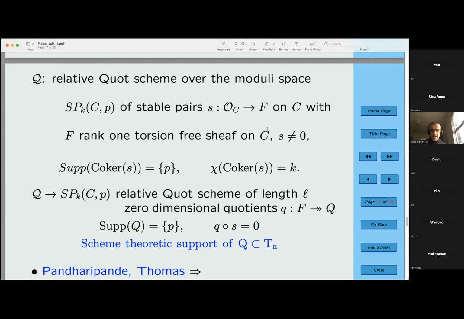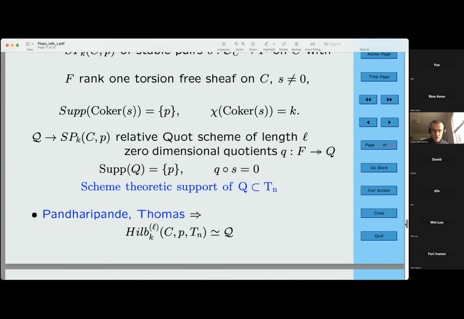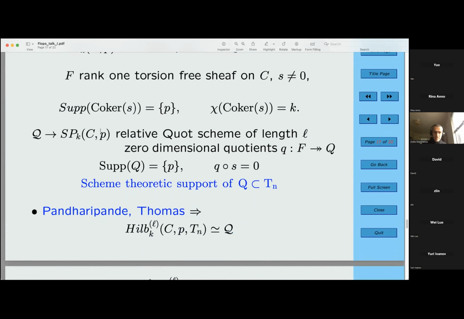And now we're defining a relative Quot scheme which parameterizes quotients of the universal F over this moduli space of pairs, subject to certain conditions.